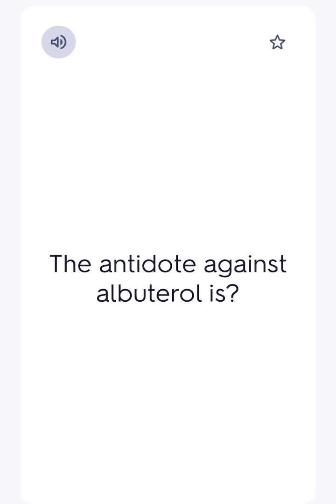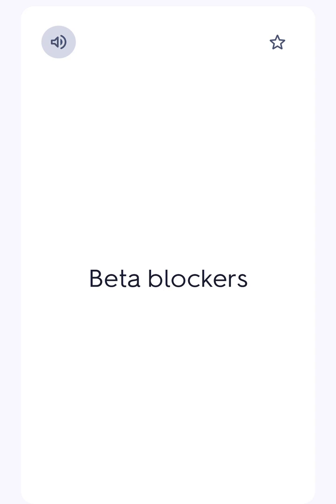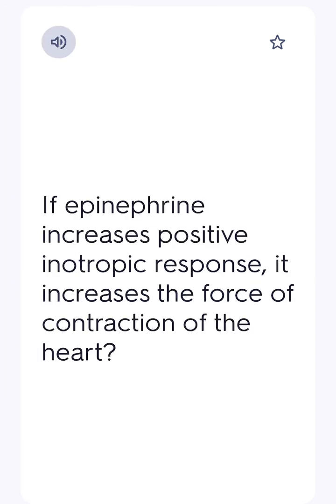The antidote against albuterol is beta blockers. If epinephrine increases positive inotropic response, it increases the force of contraction of the heart? True.